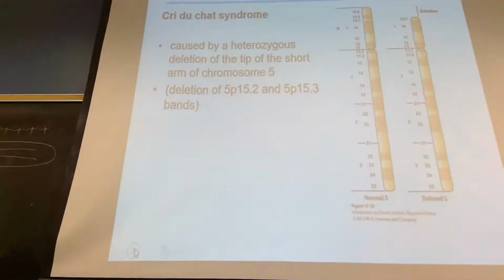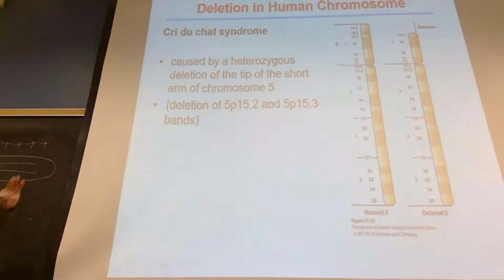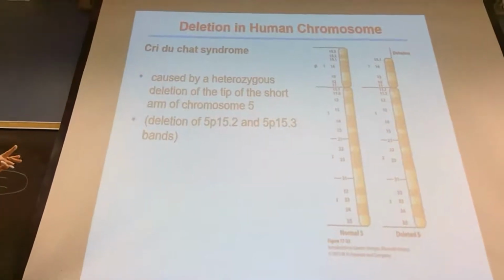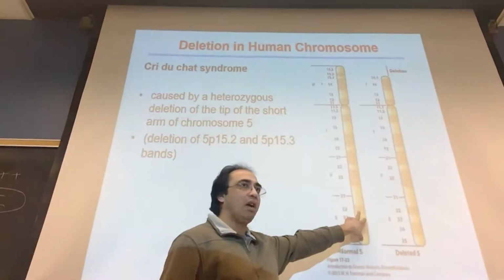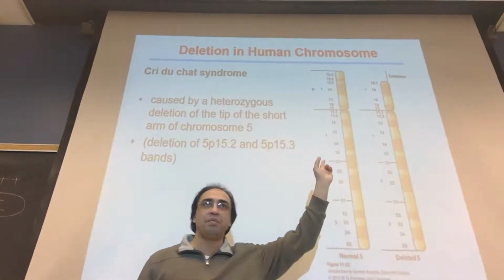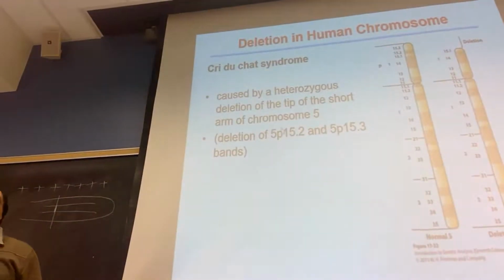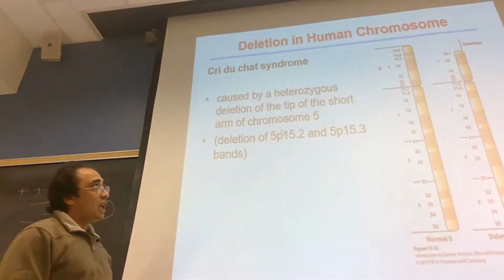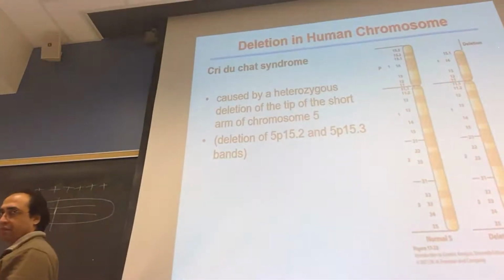So the deletion is in 5p15.2. We mapped the gene: 5p means p is the small arm of the chromosome and q is the longer arm from the centromere. So it is in the p part at position 15.2. If there is a deletion in that part, then it can create cri-du-chat syndrome.